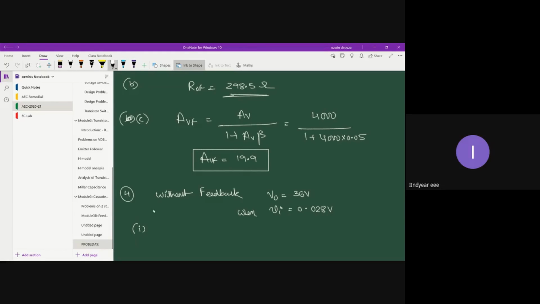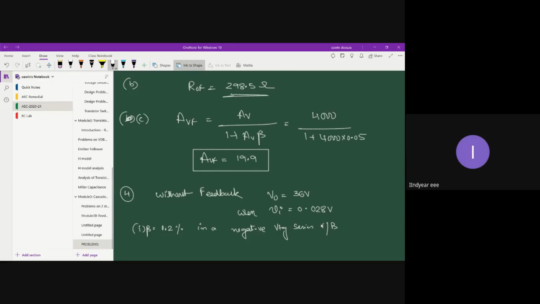First one: if 1.2% of the output is fed back into the input in a negative voltage series feedback circuit, what is the output voltage? So basically, 1.2% of the output is fed back to the input in a negative voltage series feedback.